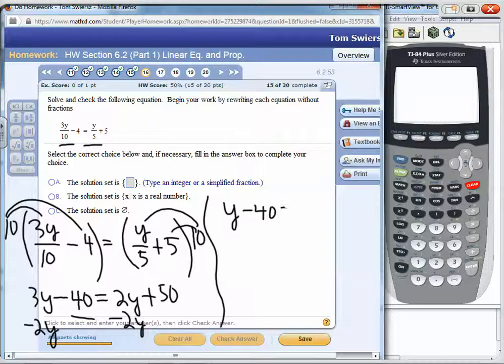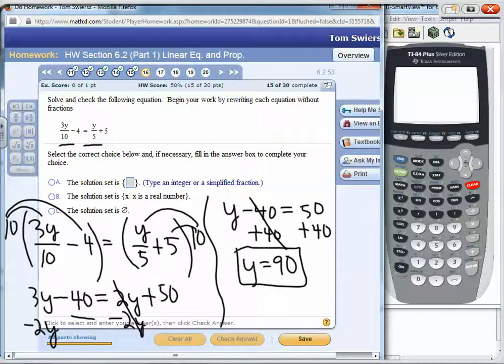So minus 40 equals, the right side is 2y minus 2y is 0. 0 plus 50 is 50. To solve for y, we're subtracting 40. So to make it 0, we would add 40 to both sides. That gives us 0, and y is 40 plus 50, which is 90. So our correct answer is y equals 90.